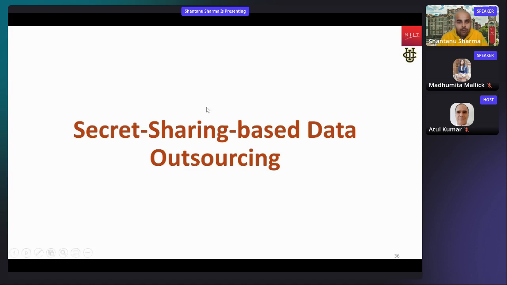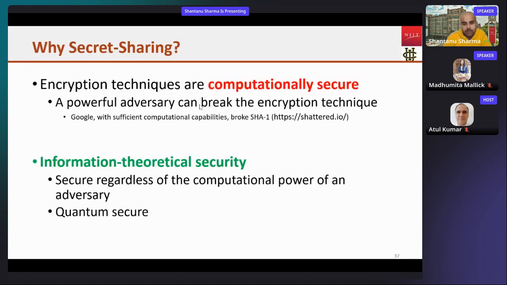Okay. So now let us go over the secret sharing based technique and how we can use it. These techniques are, first of all, different as compared to encryption based techniques. In encryption based techniques, the user uses a key that is used to encrypt the data, and this key is also used to decrypt the data whenever the query has been executed and the user got the result.